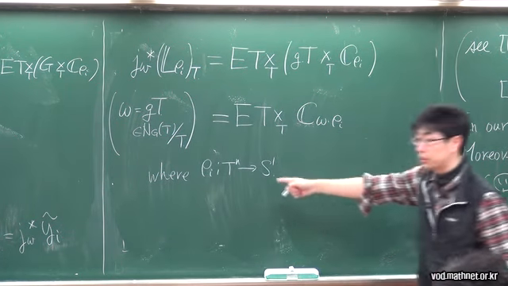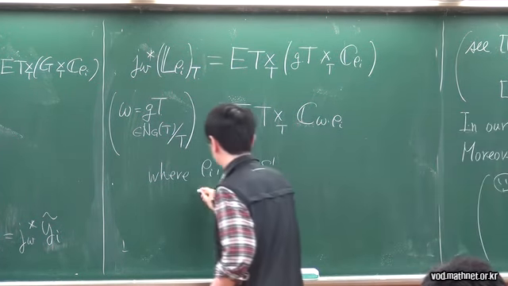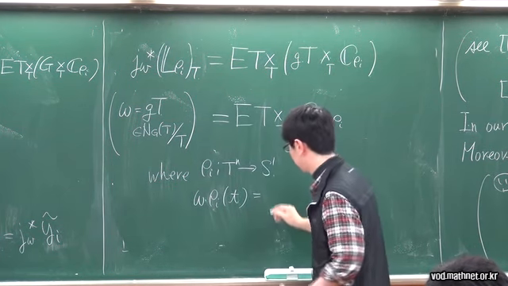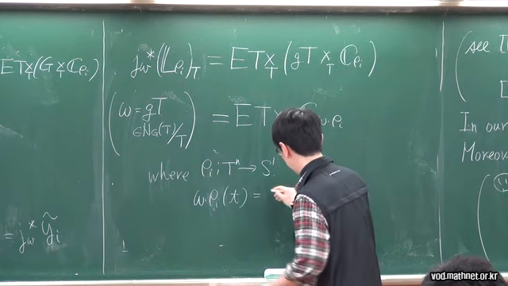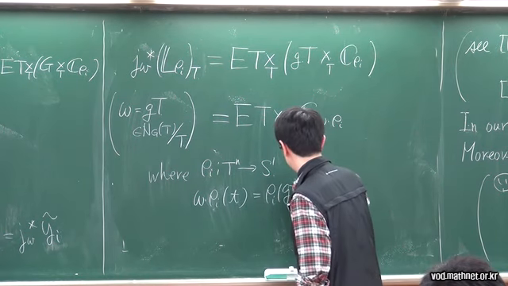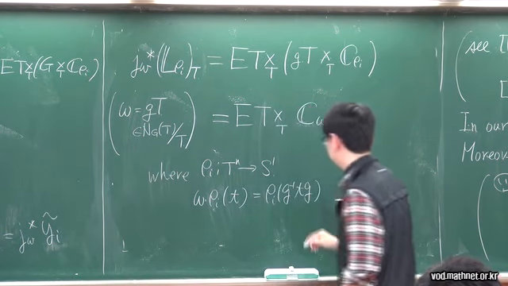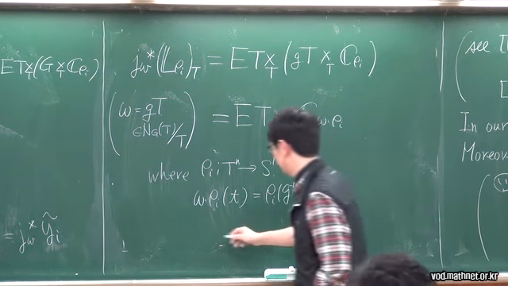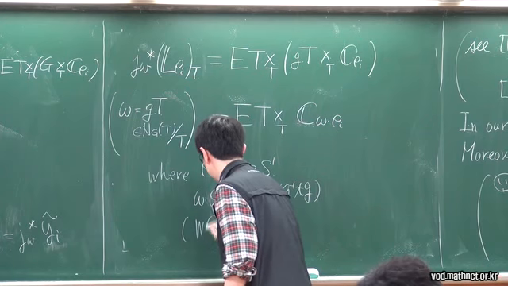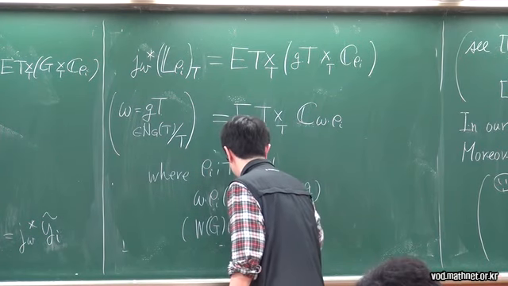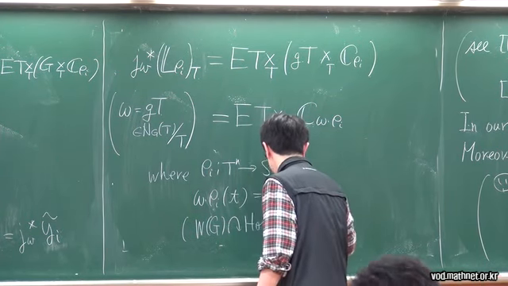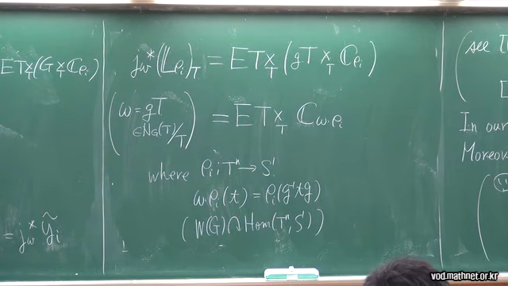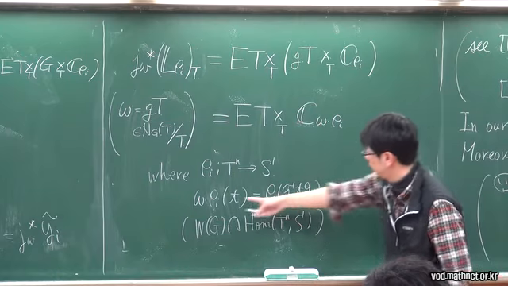Actually, a Weyl group acts on it this way. This W rho I is defined by rho I G inverse Tg. Okay. This way, Wg acts on this representation. Okay. So W dot rho I means this representation.